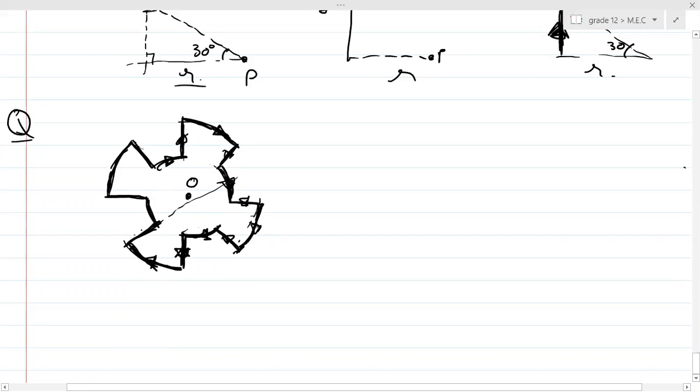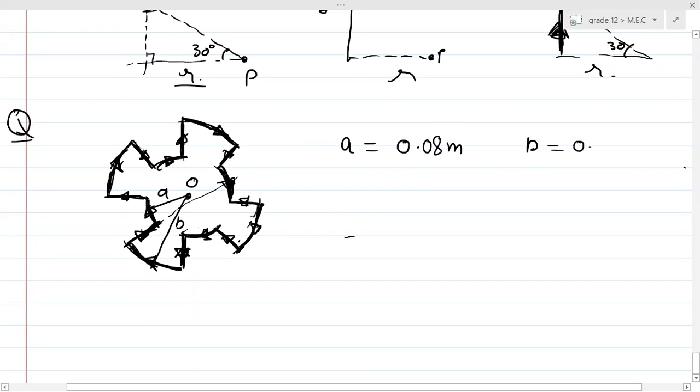So try to find out the magnetic field due to this figure at point O, and the radii are A and B. This is A and this is B. A is equal to 0.08 meters.